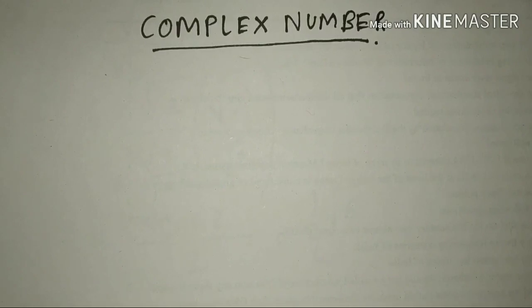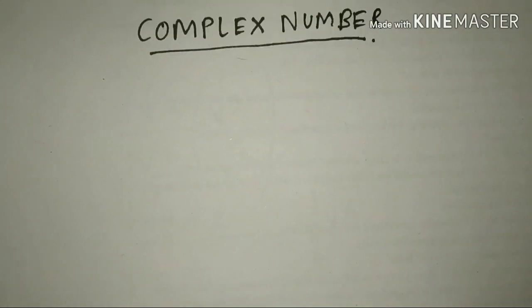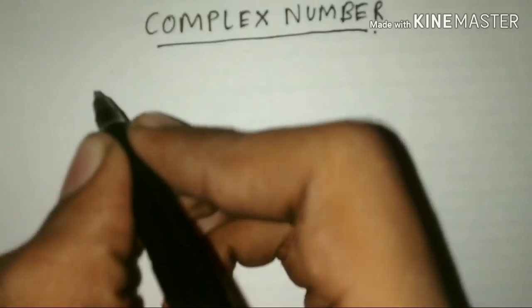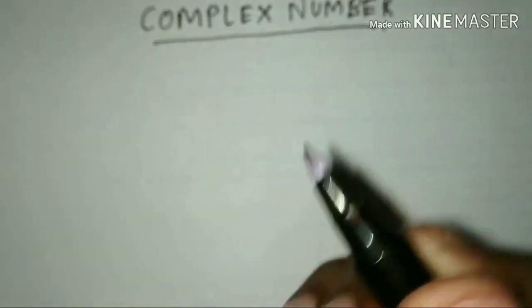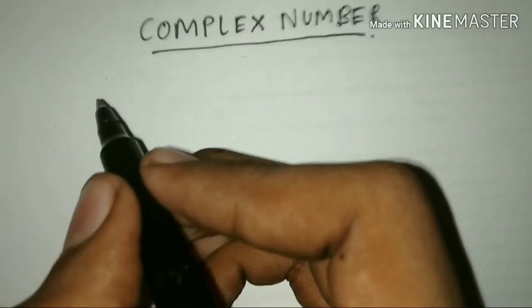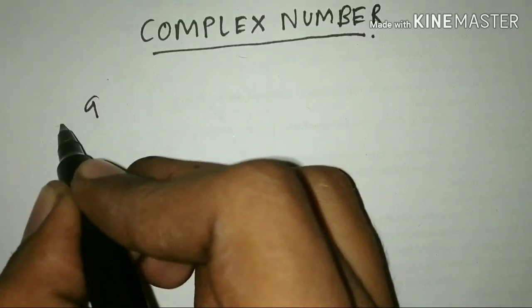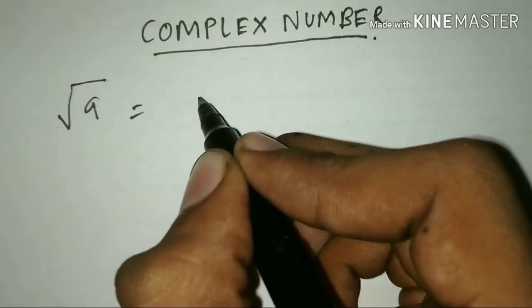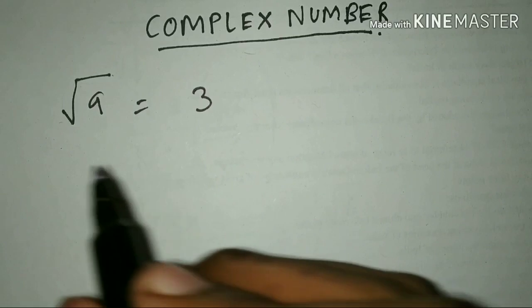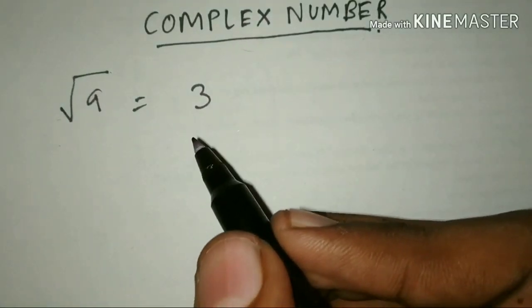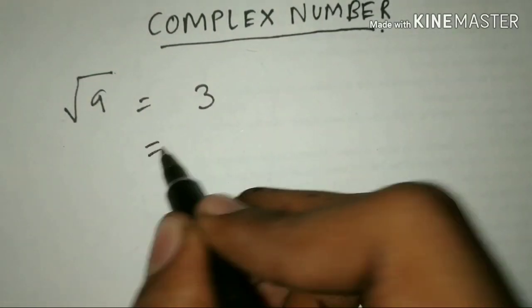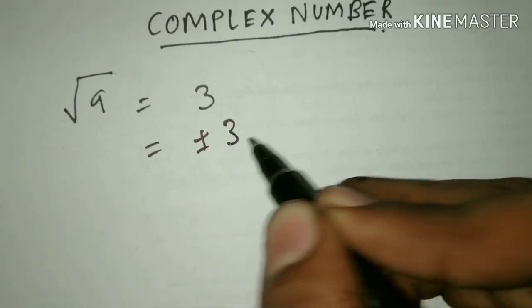But before that, we are going to consider one thing, the square root of all positive numbers. Like 9, the square root of 9 is, you'll say, 3, of course, but it's not actually equal to 3. It is equal to plus minus 3.